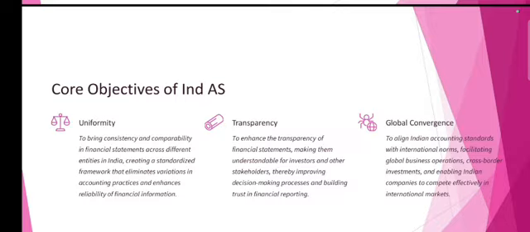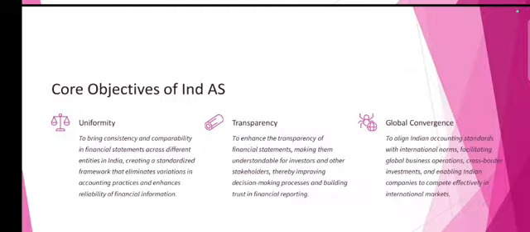Also, when we are talking about transparency, Ind AS helps make a financial report more clear and reliable for the investors. Since the company has to protect the interest of the investors, transparency plays a key role in it. The next objective is global convergence.